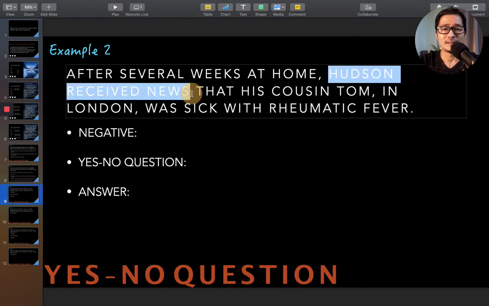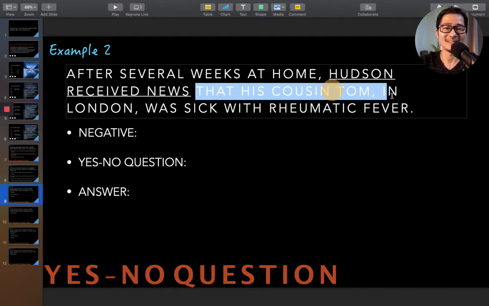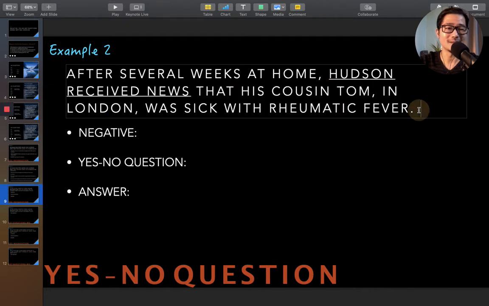Okay, it's right here. Hudson received news. What? I'm already asking a question. What news? That his cousin Tom in London was sick with rheumatic fever.